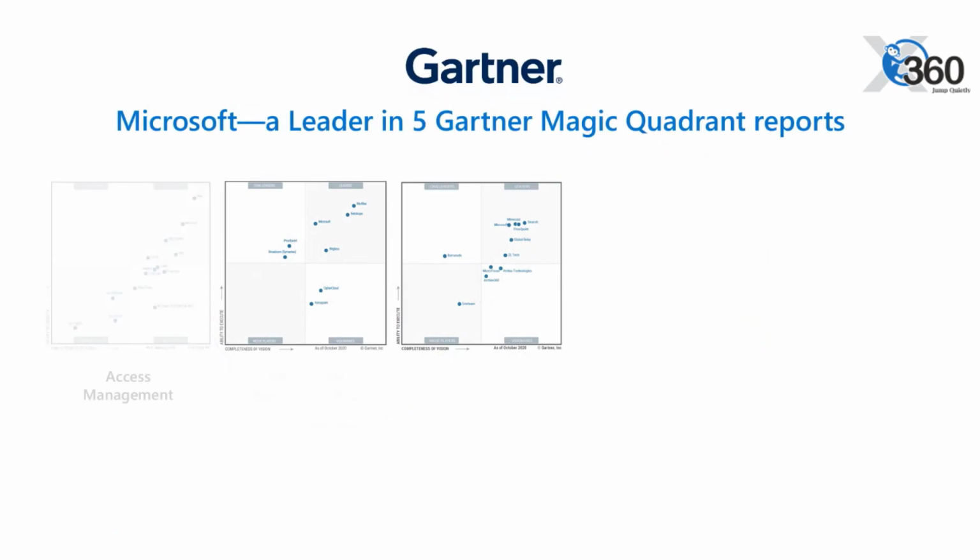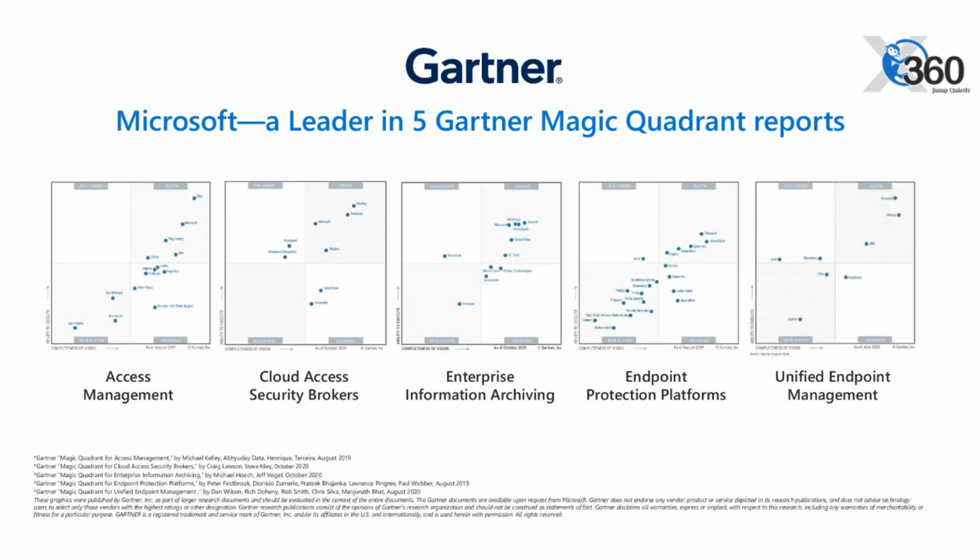You are using a solution which has been rated as a leader by Gartner's Magic Quadrant. Specifically, in the cloud security area, these are the different pillars which Gartner looks at: identity and access management, CASB, which is your cloud access security broker, information archiving, endpoint, as well as unified endpoint management. In all these areas, Microsoft is being considered a leader.